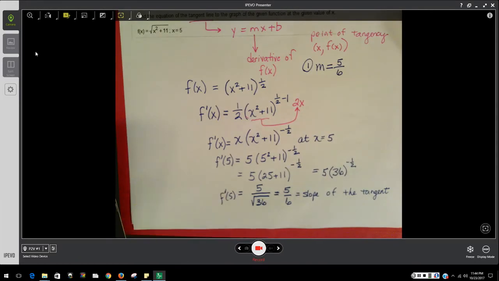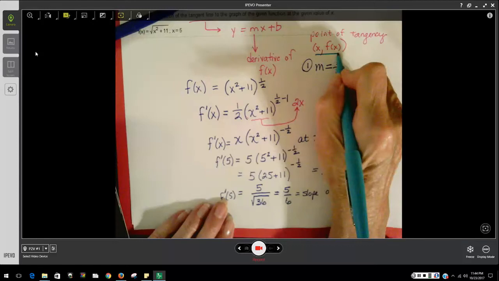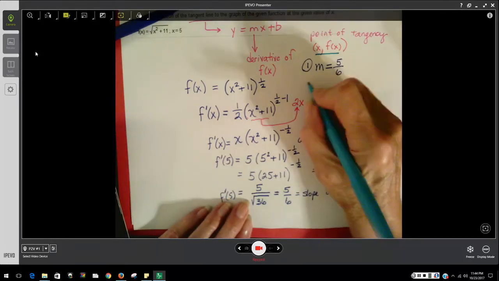The second piece of information that we needed was the value of the point of tangency. The point of tangency is x, f of x, but x is equal to 5.